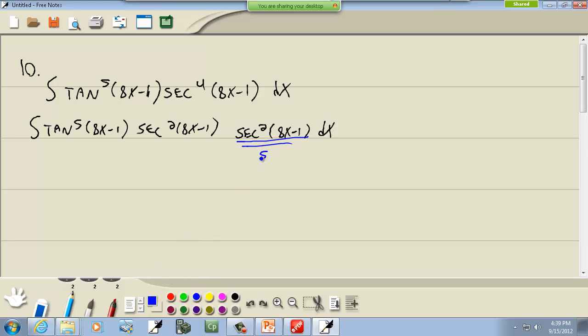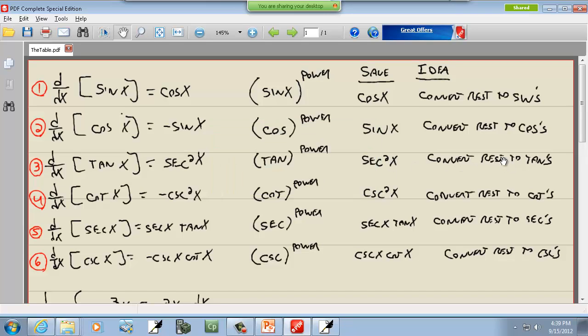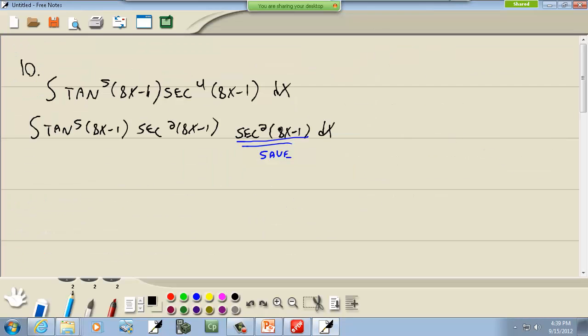Again, this is our save. Now, our steps say to convert the rest to tangents. So the secant squared here I want to convert, and let me write it over here, even though you've seen it over and over. This is our Pythagorean identity.